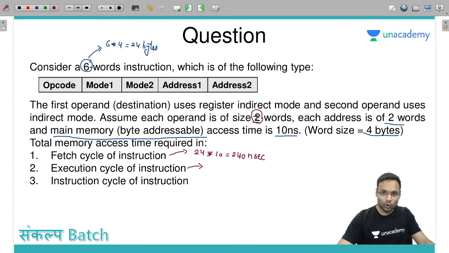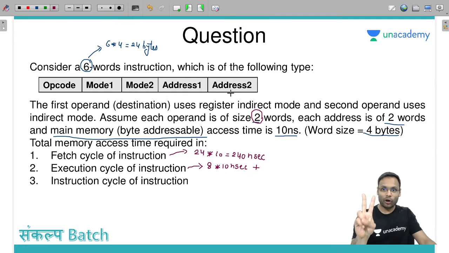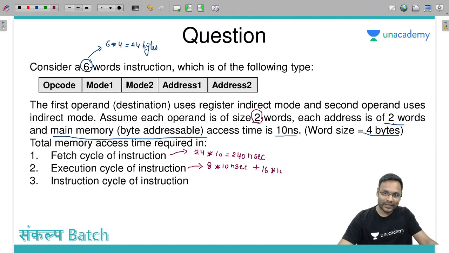So 2 words, 4 bytes each means 8 memory accesses, and 8 memory accesses will take each 10 nanosecond. 8 byte access 10 nanosecond plus second operand uses indirect mode, means 2 word 4 words, each word of 4 bytes, total 16 byte access. 16 byte access, each byte takes 10 nanosecond plus same destination access time, 8 byte access 10 nanosecond.